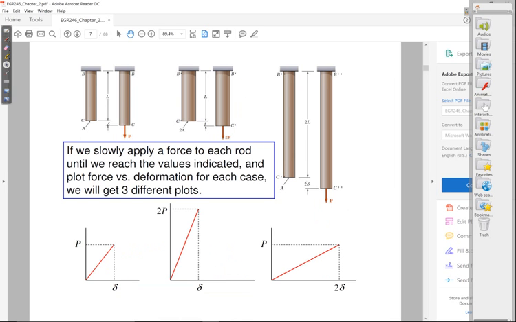So this is what happens if you plot force on the y-axis and your deformation on the x-axis. And again, this is starting from 0 force, and then I keep increasing my force, and I note that the deflection keeps increasing. And what people have found through a lot of experiments is that up to a certain point, this curve is a straight line.